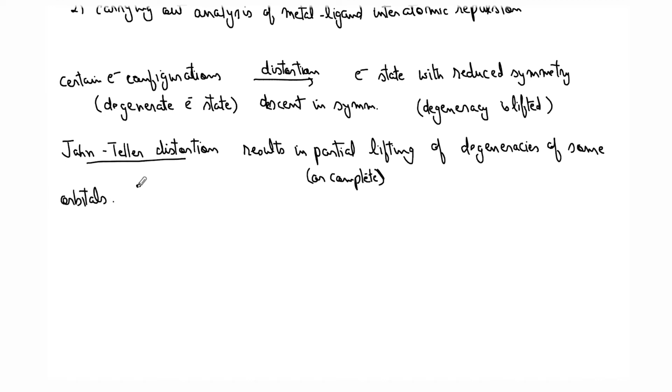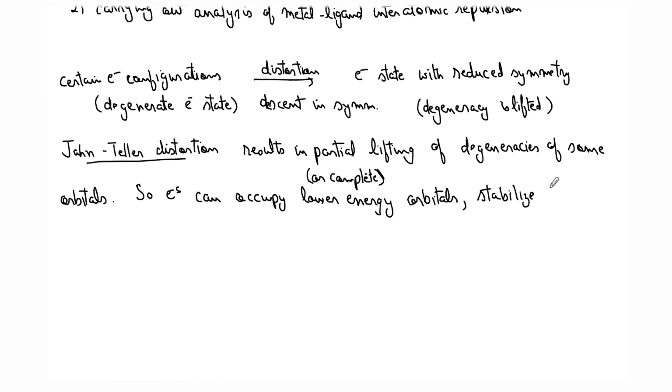So when this happens, electrons can occupy lower energy orbitals, and in the process it stabilizes the system. So the overall energy of the system is decreased.